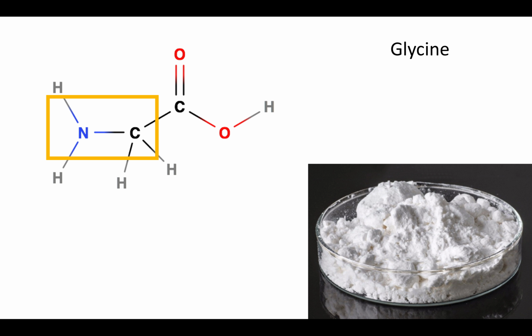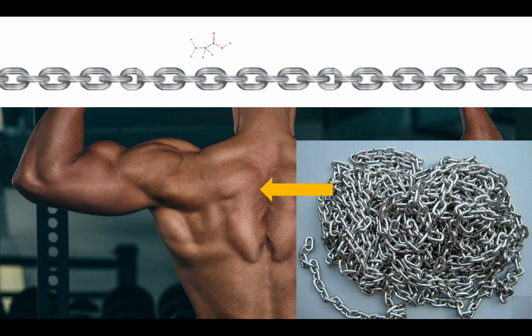In glycine, you have that bond between nitrogen and carbon, and just like we saw, the nitrogen is more electronegative, so it's going to have a slightly negative charge, and the carbon will have a slightly positive charge. And it's those little stickinesses, those slight charges, that are going to make one part of the protein attracted to another, and make it fold up in just the right shape to work in our body.